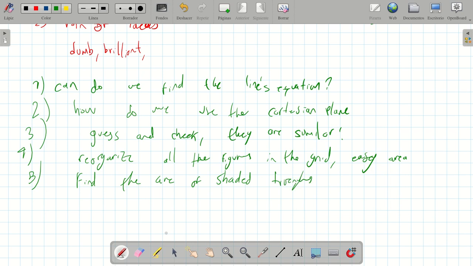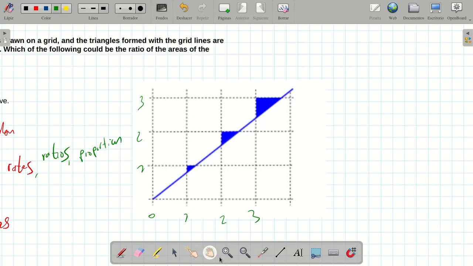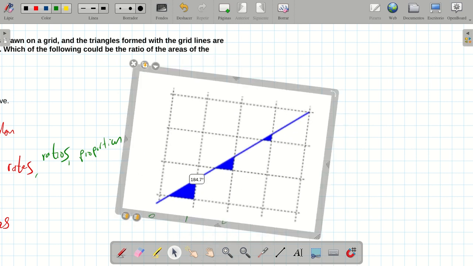Okay, and another idea that I have had was to rotate the grid, because as you can see I can rotate this.